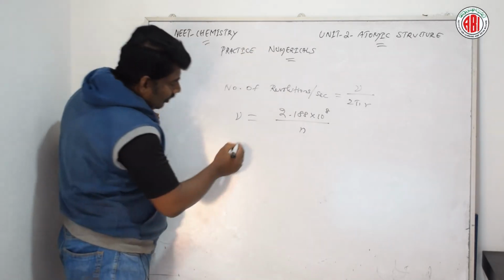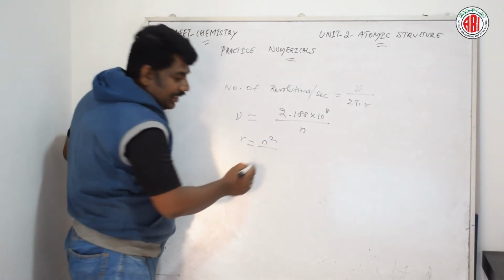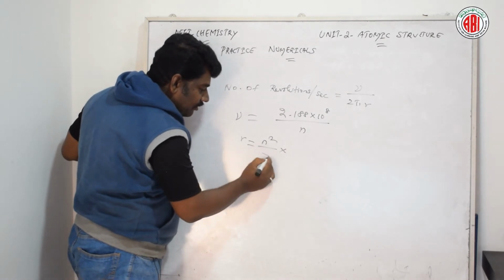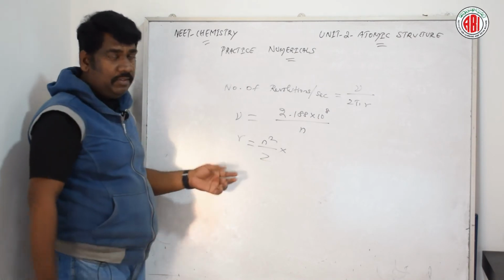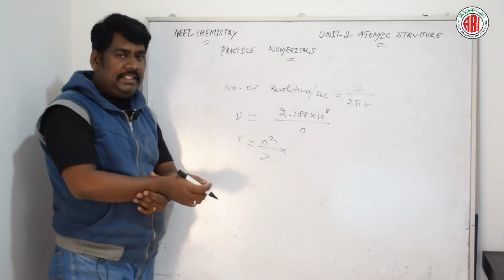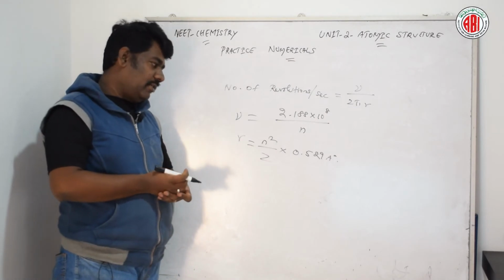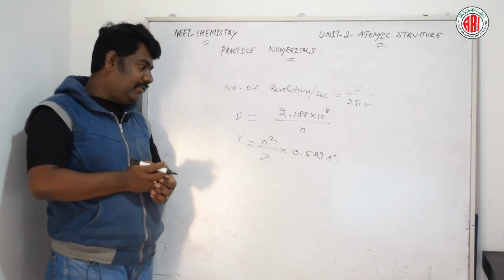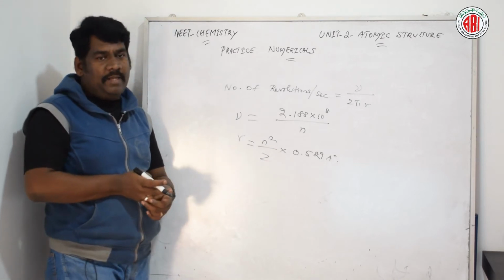Now r value, that is the radius, is equal to n square by z into 0.529 Armstrong.